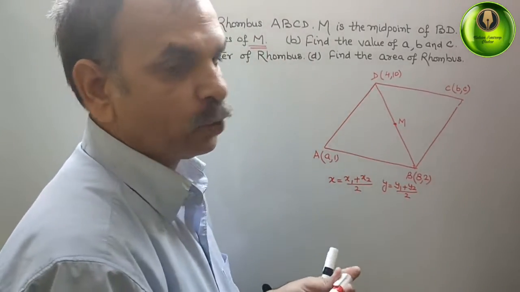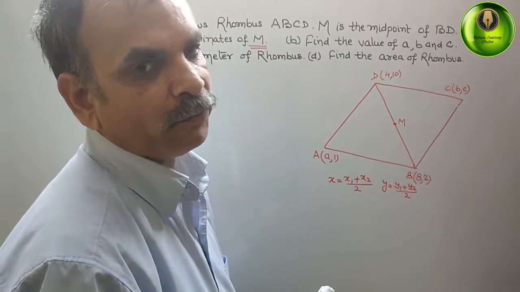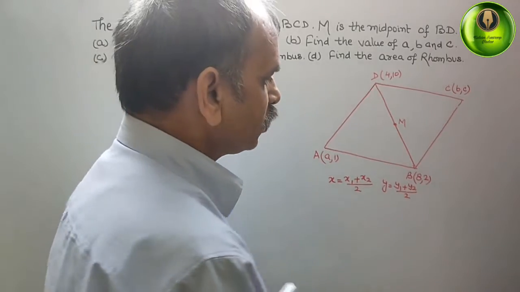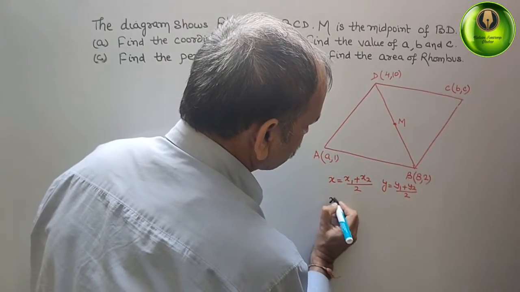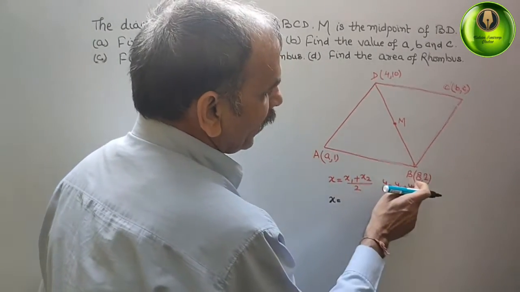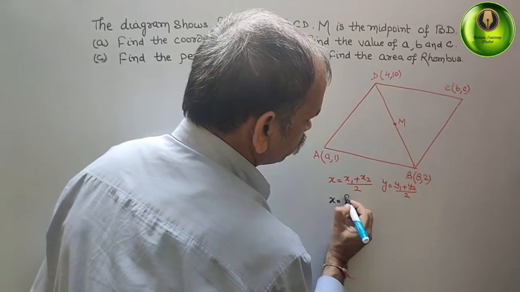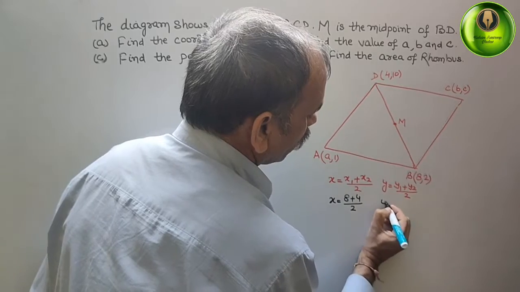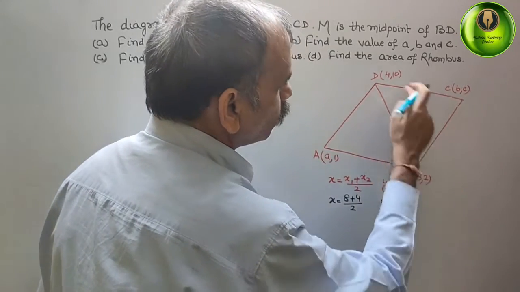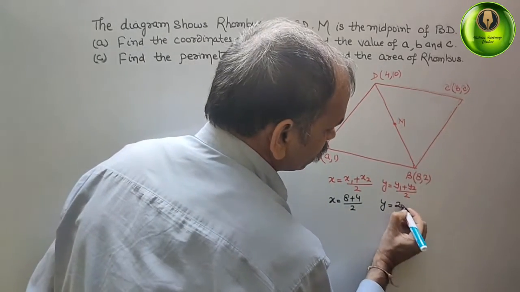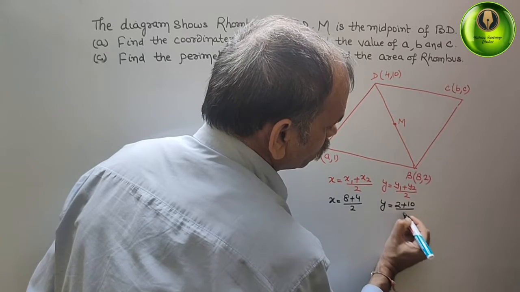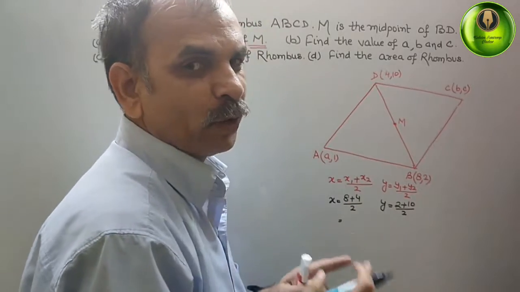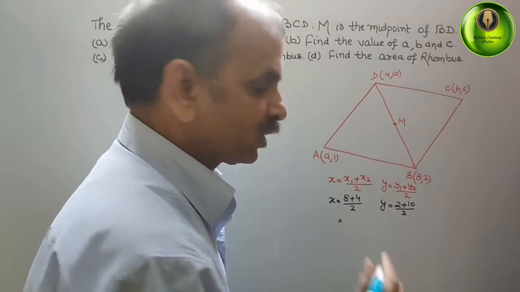So here we will take B and D. So x is equal to (8 plus 4) by 2 and y is equal to (2 plus 10) by 2. So 8 plus 4 is 12, 12 by 2 is 6.